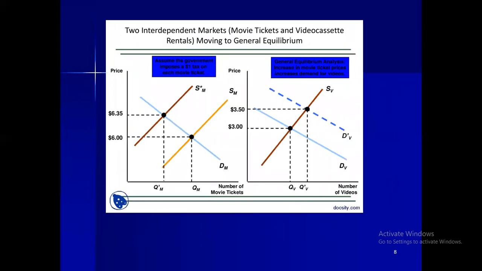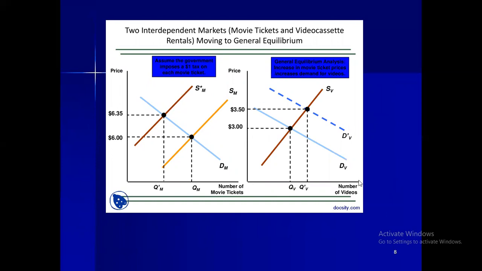This is the example of a general equilibrium, where you can see the market of movie tickets and videos, right? Let's suppose the government imposes a tax of $1 on movie tickets, so the supply will be reduced, and the price goes up to 6.35 from $6.